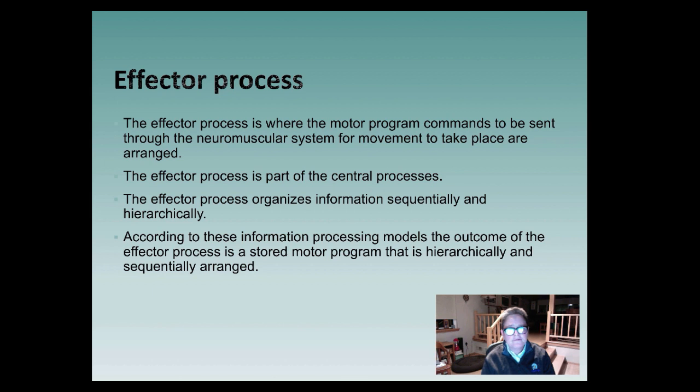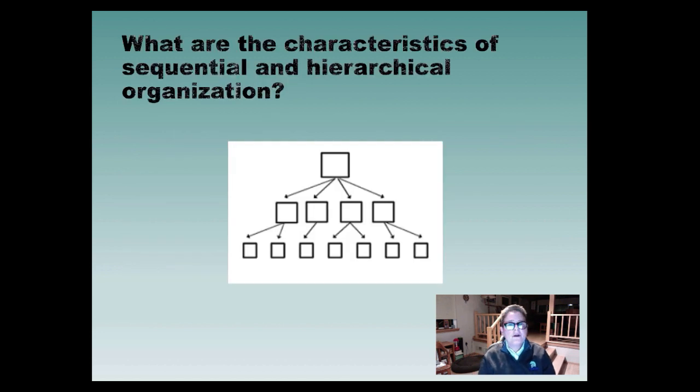According to these information processing models, the outcome of the effector process is a stored motor program that is hierarchically and sequentially arranged. So what does it mean to be sequential and hierarchical? Here you could see a model of hierarchical and possibly sequential organization.